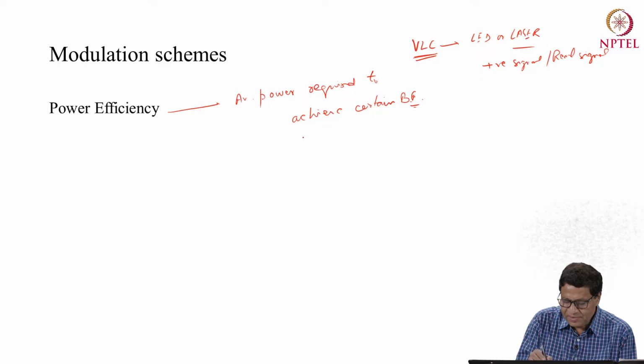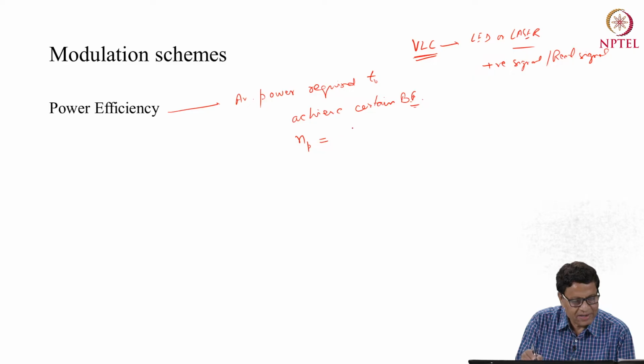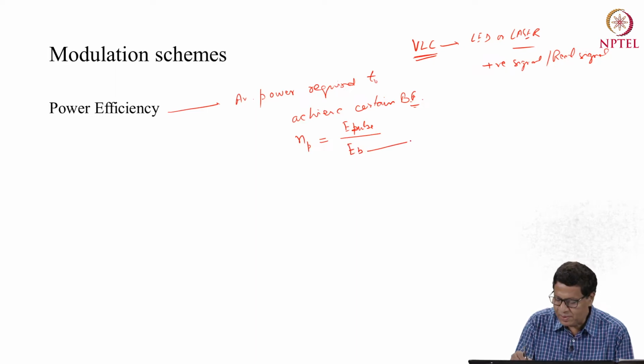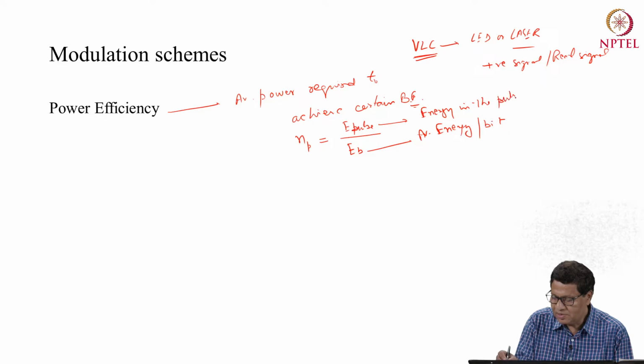And for power efficiency, there is a term called eta P, the power efficiency, which is defined as E pulse, that is the energy in the pulse, divided by the average energy per bit. So for different modulation schemes, we will calculate this power efficiency parameter.